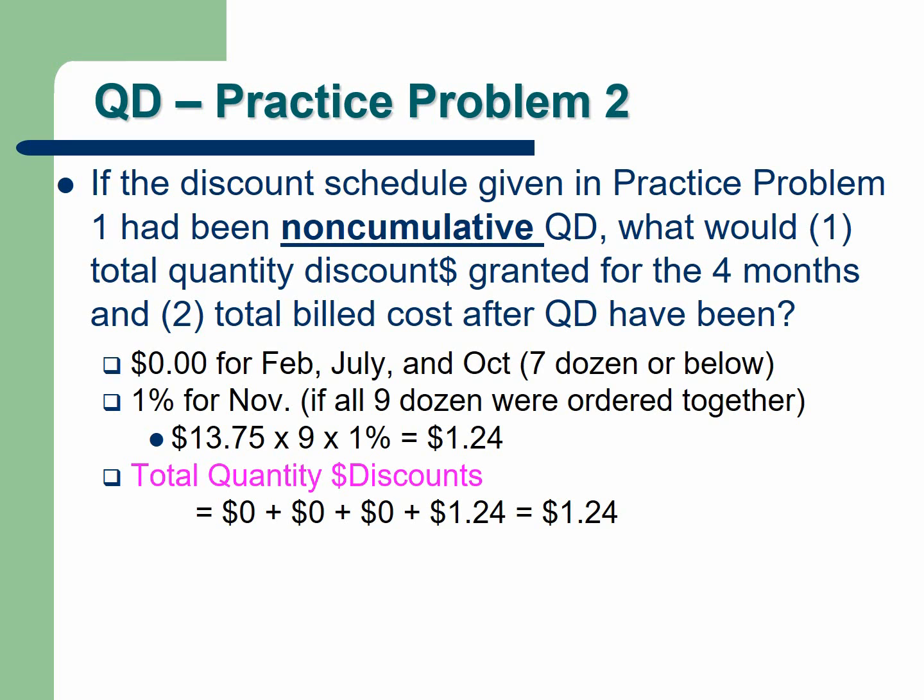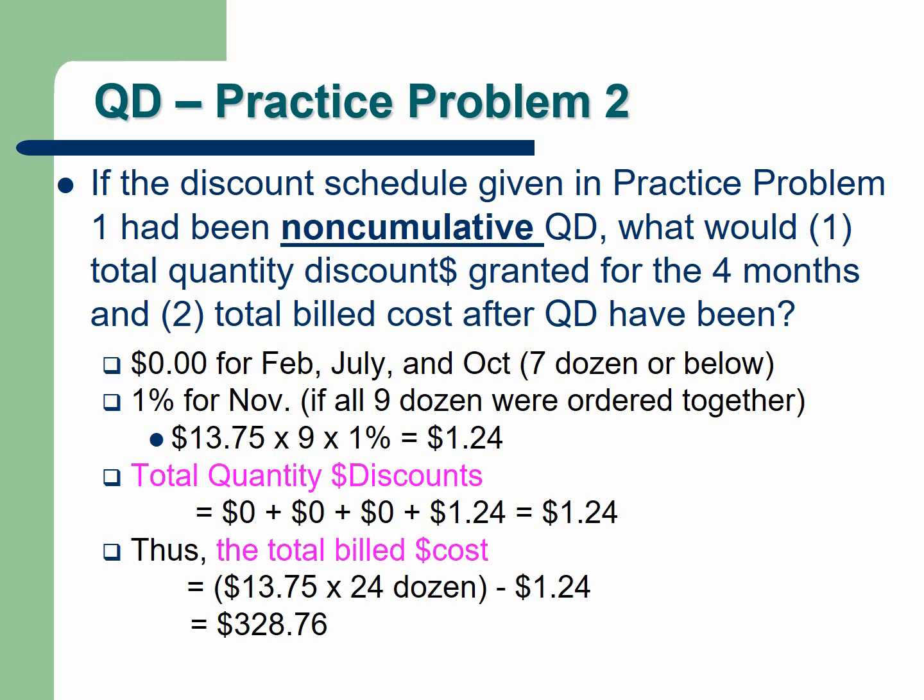So the total quantity discount dollars that the buyer can receive is basically 0 quantity discount dollars from the first 3 orders, and from the last order, the buyer can receive a $1.24 quantity discount because it's 1% of that 9 dozen orders, 9 dozen times $13.75 per dozen, right? So that will be $1.24. That will be the total quantity discount dollar.